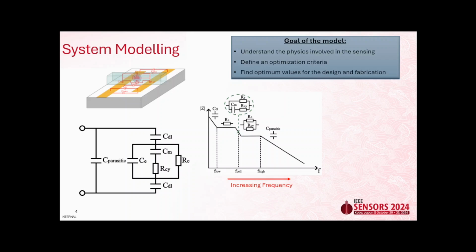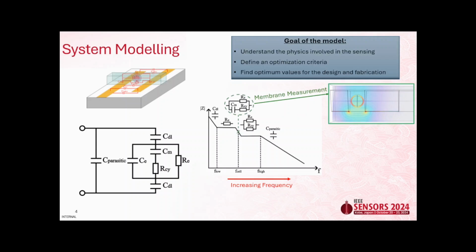At the beginning, at very low frequency, the double layer is very dominant due to the high value of the double layer capacitance. And with increasing the frequency, we have this range where we are measuring the electrolyte. And there is a point with increasing frequency that we can penetrate the membrane. And here is the point that we can measure the membrane of the microorganism.